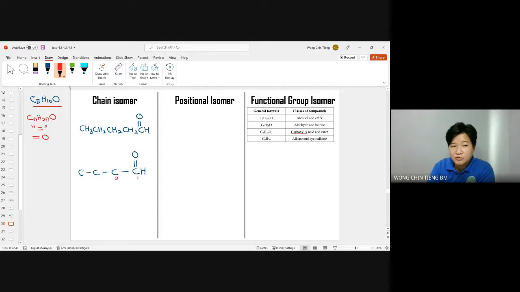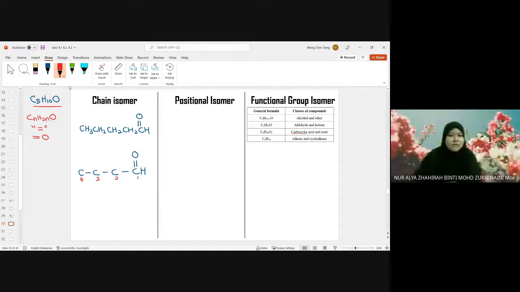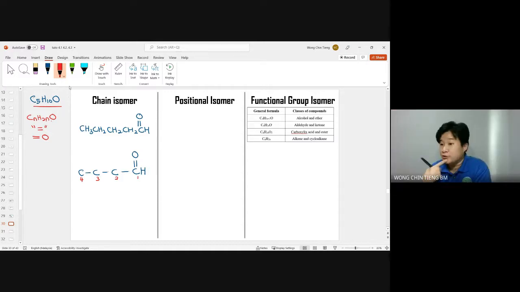1, 2, 3, 4. The extra carbon, 1 more carbon, letak kat mana? Pilihan yang ada? 2 or 3. Alright, Alia kata 2 or 3. Setuju? Alright, 2 or 3. So nak letak 2 atau 3?